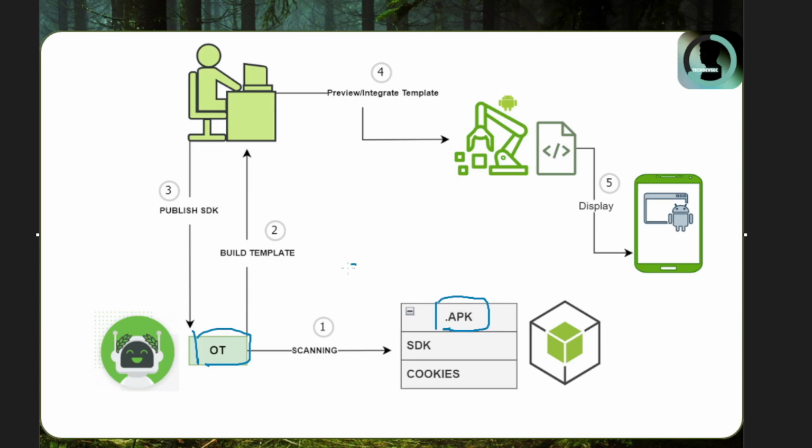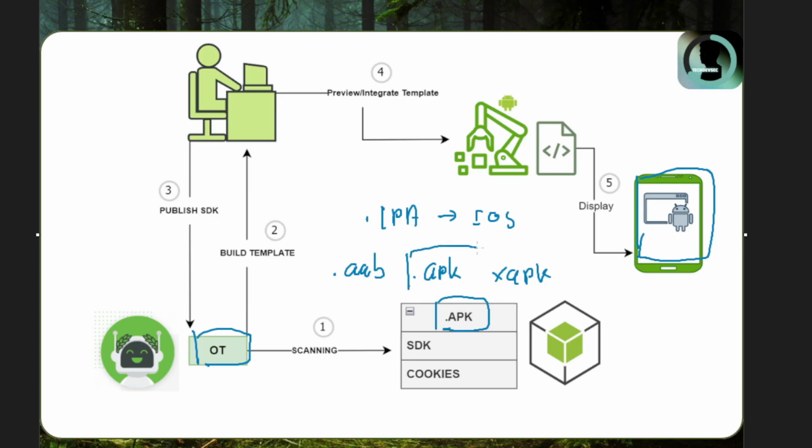You can use an .aab file, .apk file, or .xapk file for Android, and you can use .ipa for iOS. And third, we will need to install the Android Studio program for this app because we use an .apk file in this scenario.